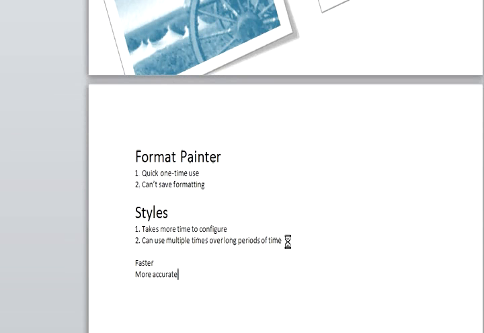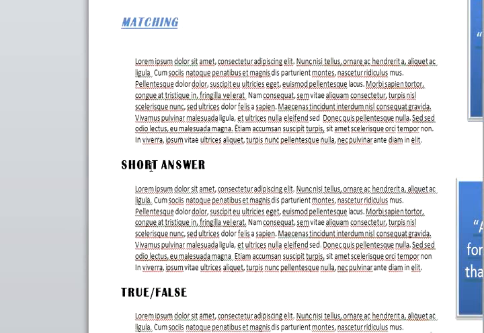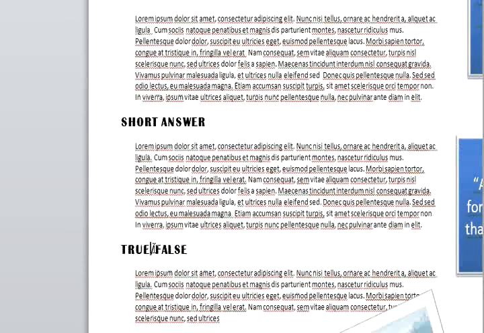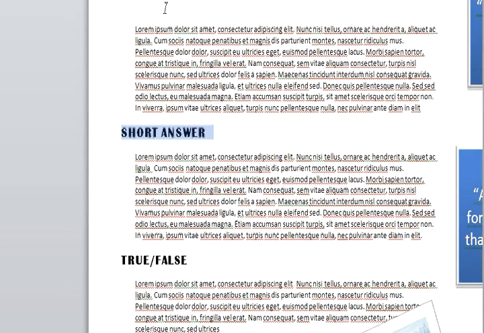So it's more consistent, it's more accurate to make changes. You know that this true false and this short answer are exactly the same because they're based on the same style. So two features that I would recommend using often: Format Painter for the occasional copying, and then Style when you need to use it on a more regular basis.